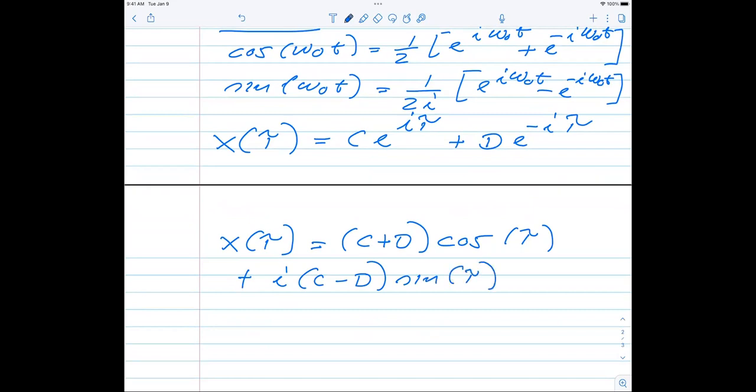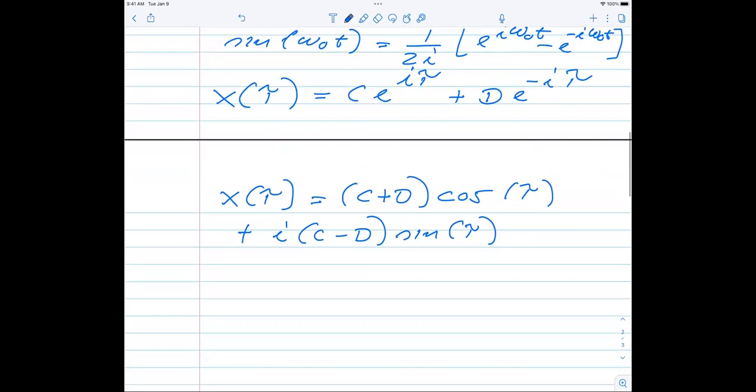And what I have defined here are the constants a and b: c plus d is equal to the original constant a, and c minus d multiplied with i is equal to the original constant b.